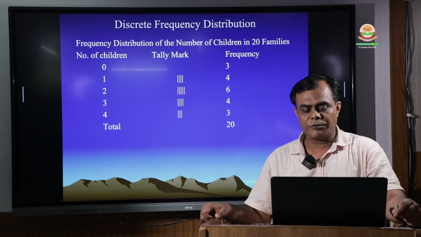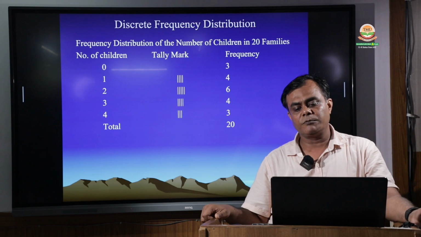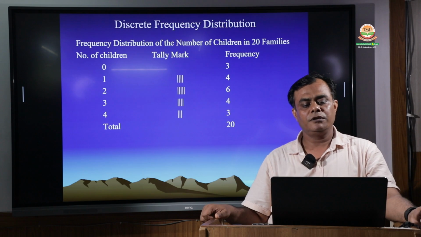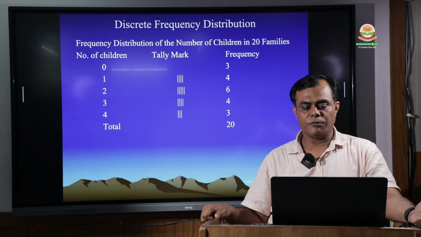Here is the example of the discrete frequency distribution of the number of children in 20 families. We have seen that 3 families have no children, 3 families have 1 child, 4 families have 2 children, 6 families have 3 children, and 4 families have 4 children. So all 20 families have a different number of children.